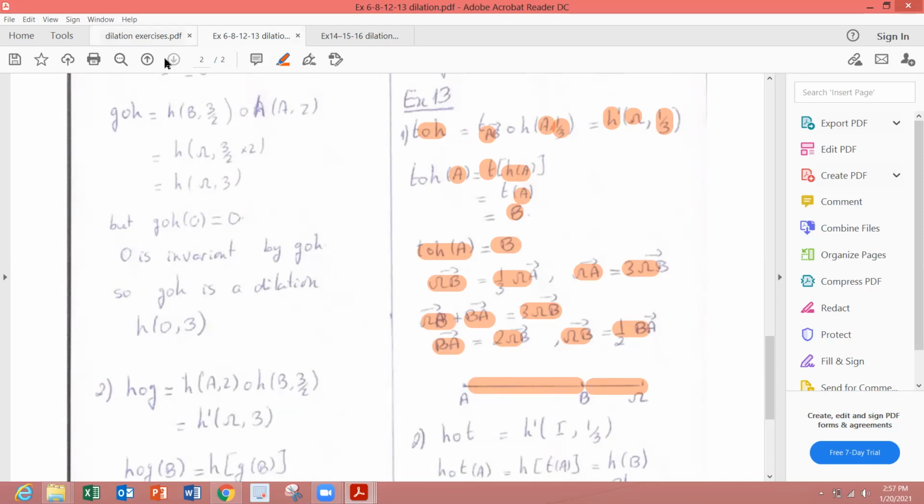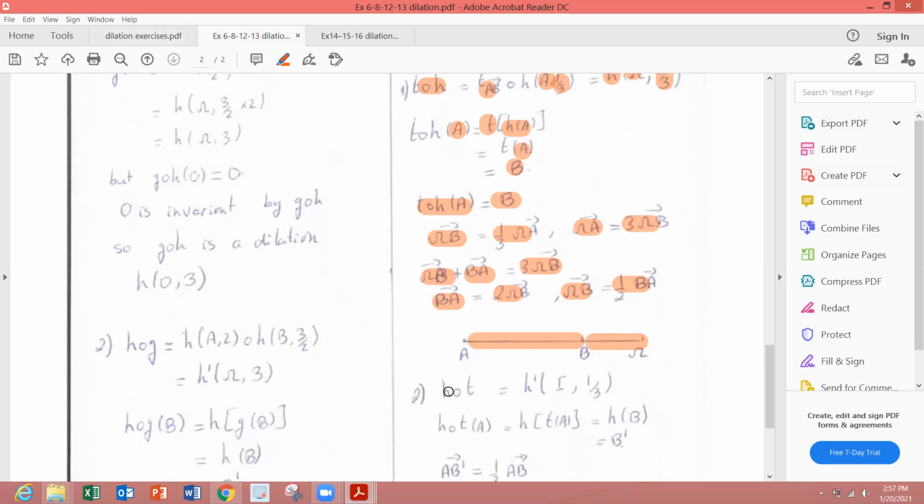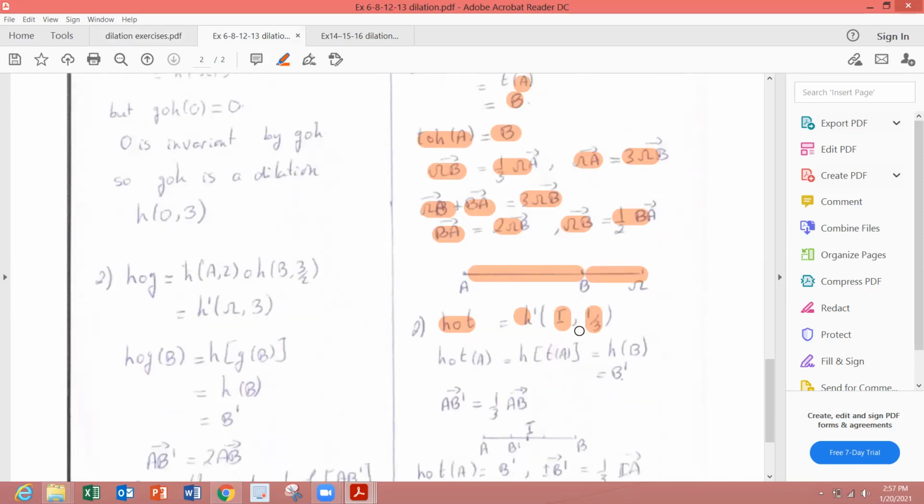Now part B, we are going to find H round T. Also H round T is a dilation H prime of center I and the same ratio 1/3. To know the place of I on AB, we say H round T of A. Now, it will be H of the translation of A. The translation of A is B. We get H of B equal B prime.